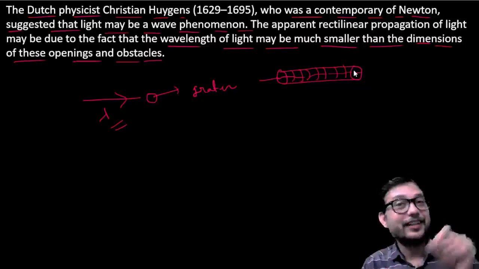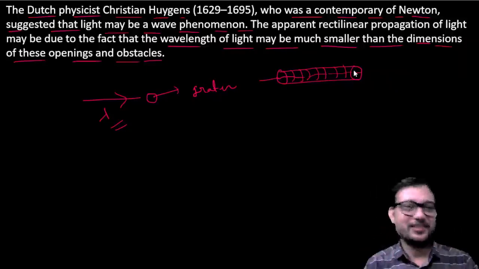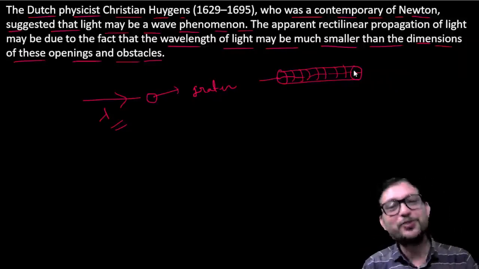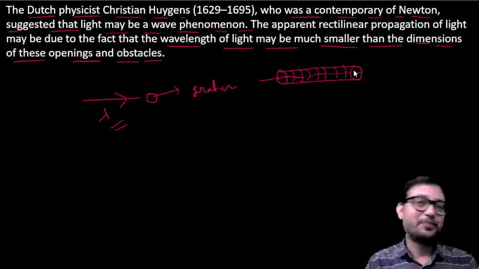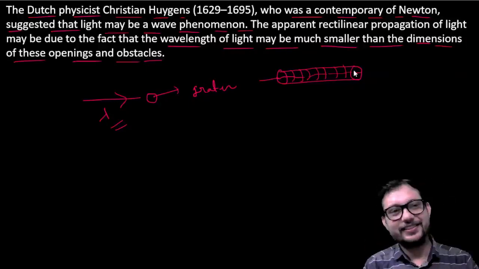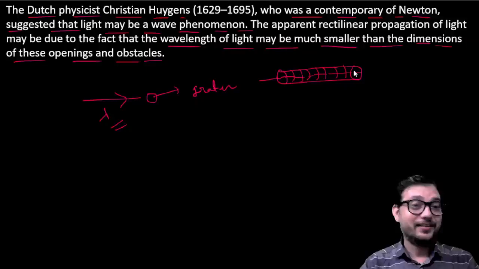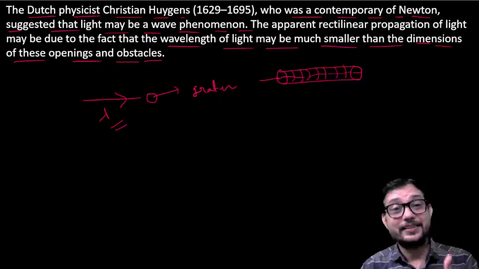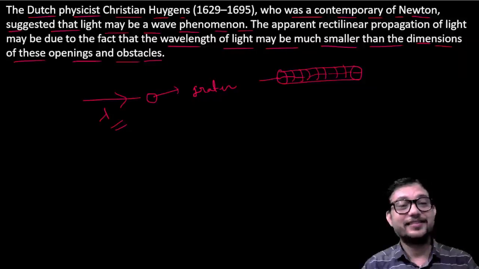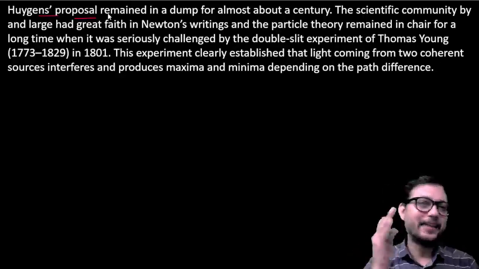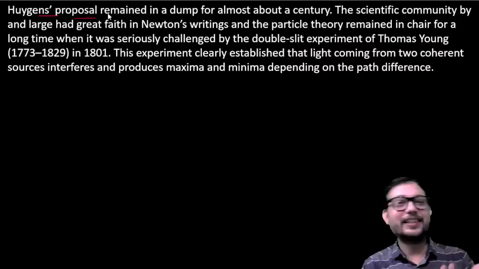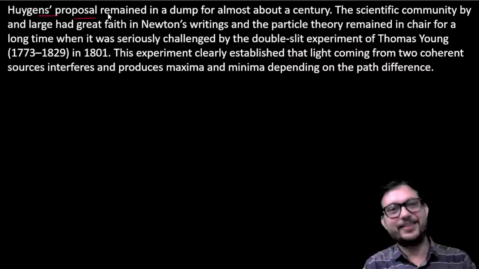And what are those pipes? Pipes are the obstacles, which are assumed to be much greater in dimension compared to the wavelength of the light. And what is the result of this? As I have already told you, Newton and Huygens are in the same period.